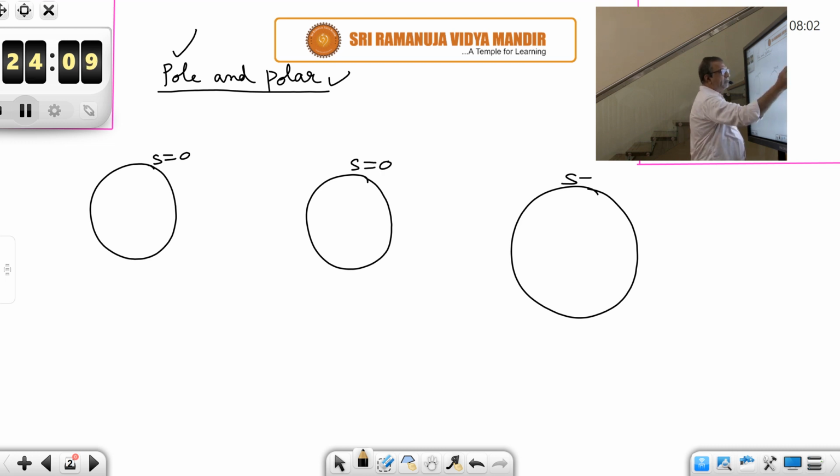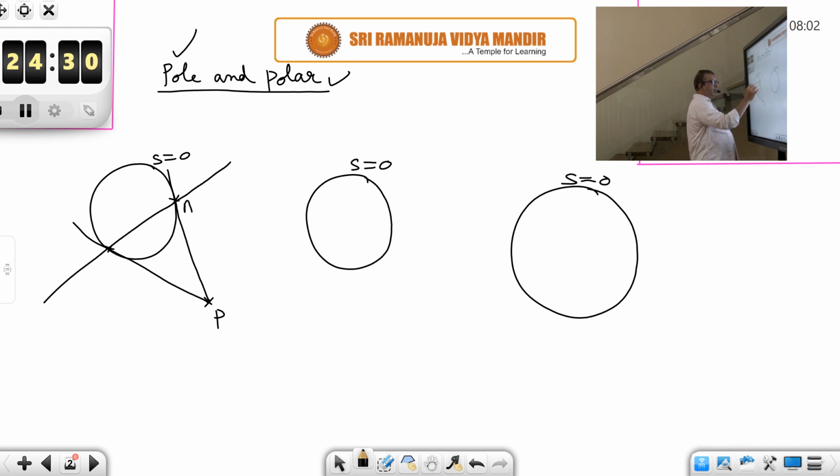Every point has a polar with respect to the circle, except of course the center of the circle. Okay. Now, if the point is outside the circle, chord of contact is polar. Therefore, the polar meets the circle in 2 points.